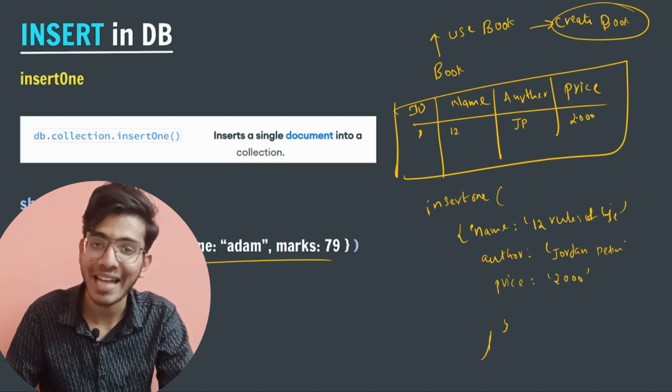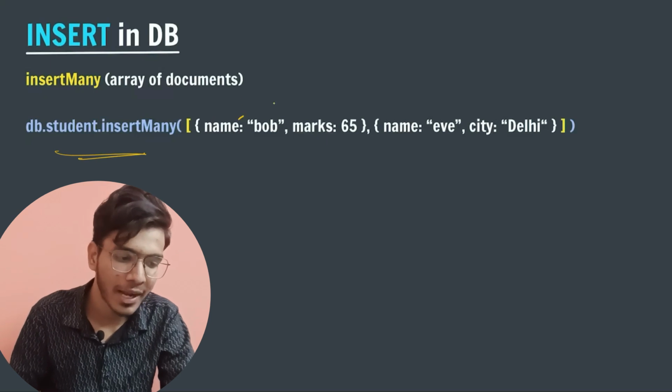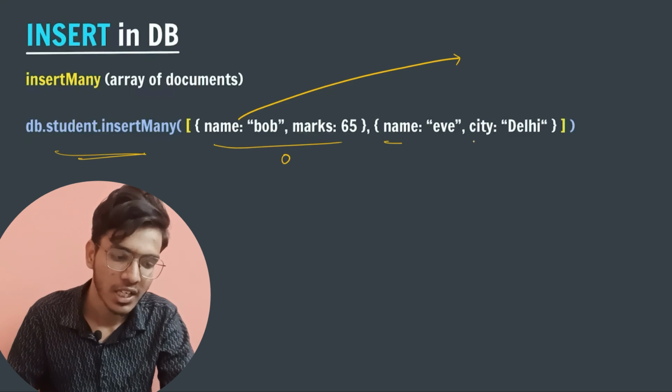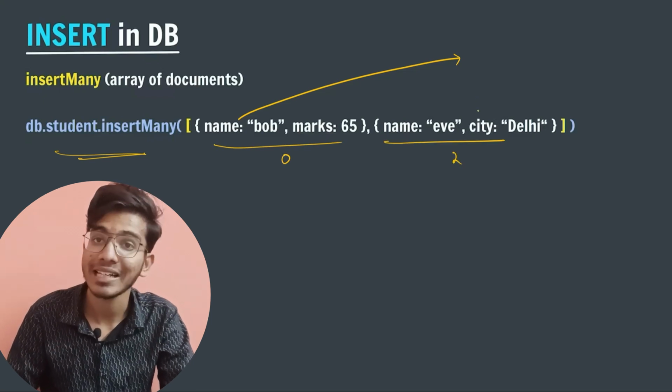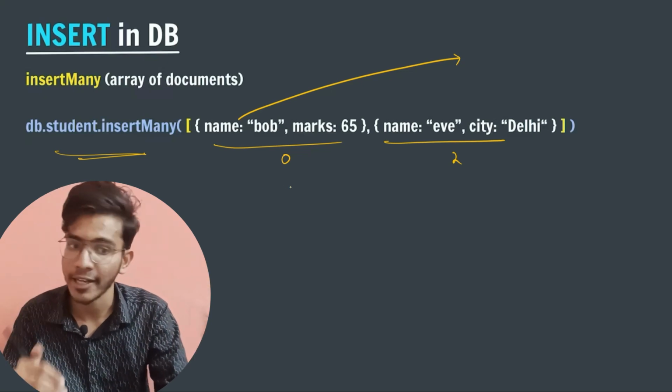Now if I want to insert two books at a time, then I will use the insertMany command, and I will pass an array of key value pairs. So this is the first element, this is the second element. Like this I can directly add multiple elements in the form of an array.